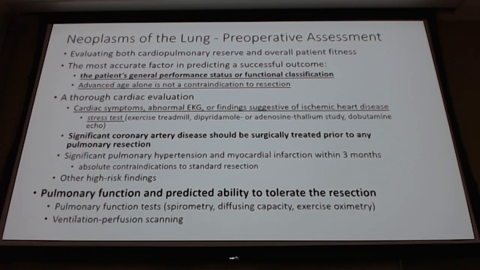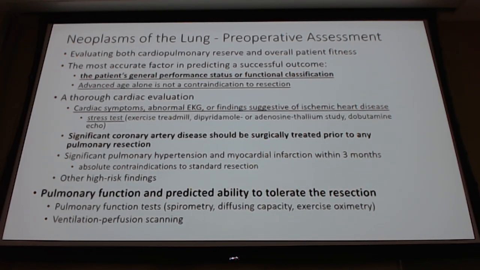All right, pre-op assessment. This is nothing new. We want to know the patient's performance or functional classification. Advanced age alone is not a contraindication. Because we're dealing with the lung, they have to have a cardiac workup, and we want them to at least have an EKG.